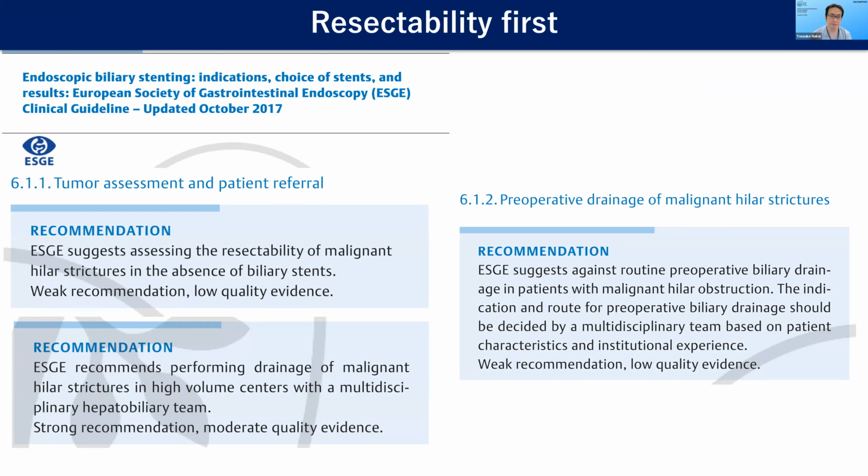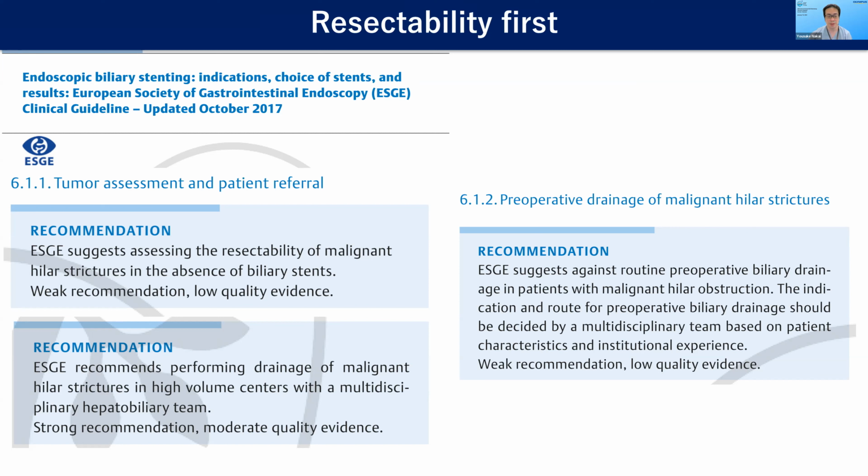This is a guideline from the ESGE, and they recommend we consider resectability first. Because if the patient has resectable disease, as I mentioned before, we have to consider surgical procedures, and we have to consult with surgeons. And the resectability judged by surgeons is very different from center to center.